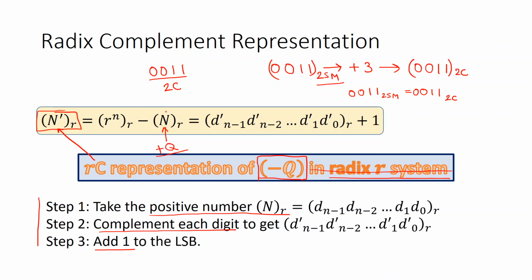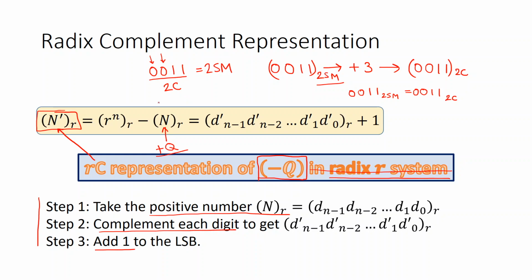One thing you have to note, that you have to keep at least one place. Here I have kept 2 places, but at least one place should be kept in order to add a 0, so that we indicate that it is a positive number, because this is also the 2's sign magnitude representation.